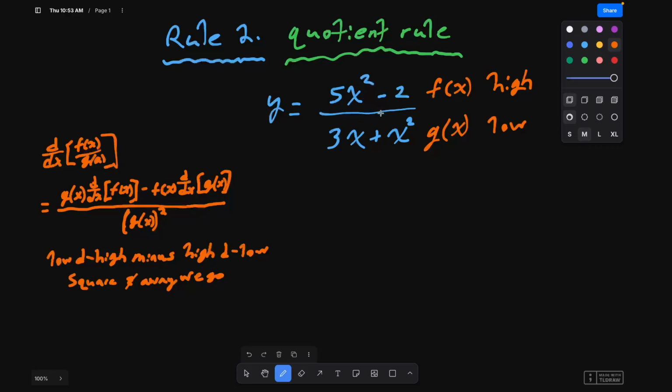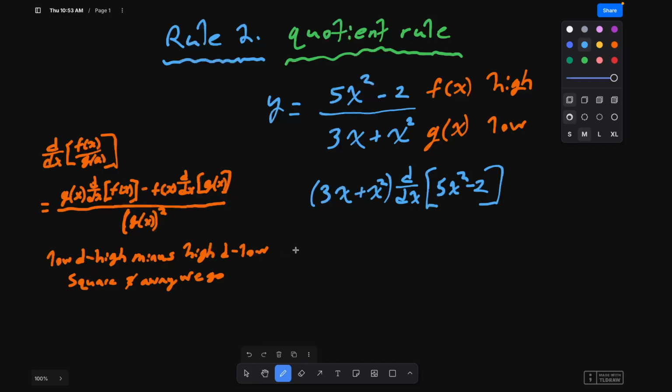So we can take the derivative of this function by applying the quotient rule. And all we need to remember is low, our denominator, so low d high, the derivative of the numerator. By the way, the phrase low d high implies multiplication, the same as high d low.